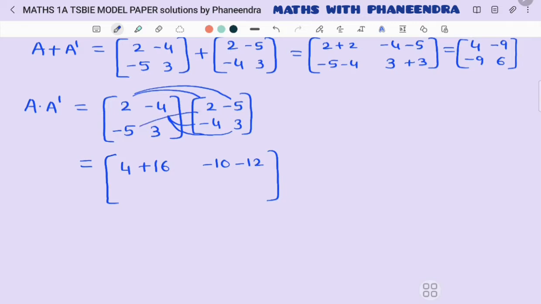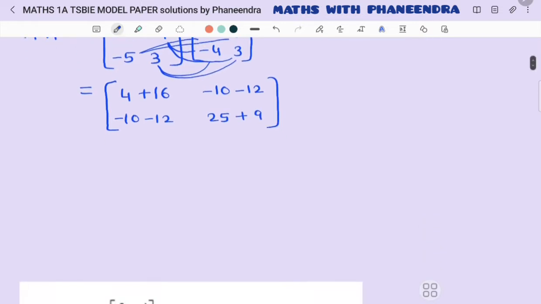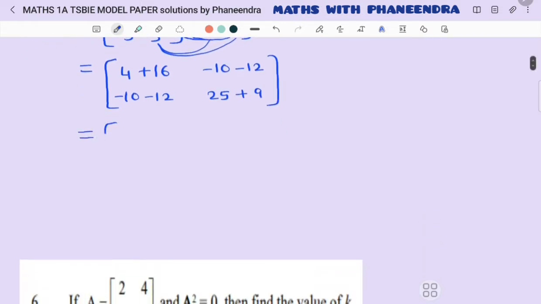Next, 5 into 2 is minus 10, 3 into minus 4 is minus 12, minus 5 into minus 5 is 25, 3 into 3 is 9. Which is equal to [20, -22; -22, 34].